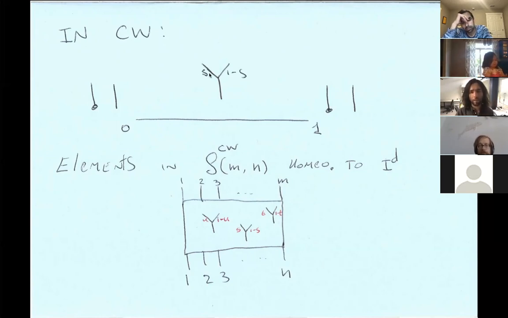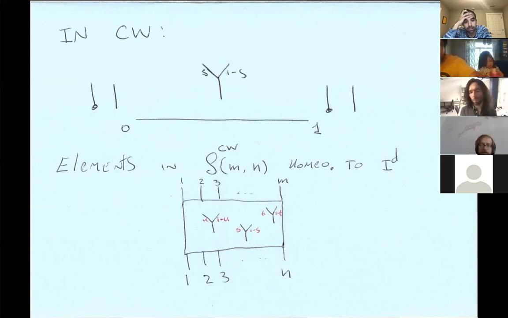The value S runs between 0 and 1, and the attaching map to this one cell is depicted here. So in one extreme, we attach to this picture, and in the other extreme, we attach to this picture, which, if we were to go back to the algebraic context, will give us the boundary that this generator had.